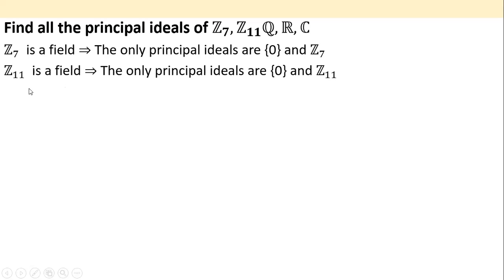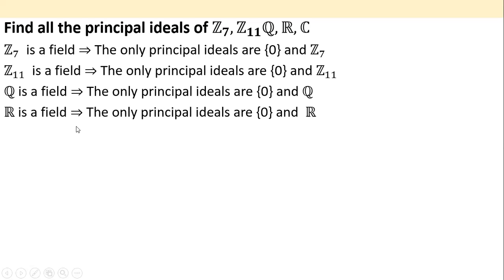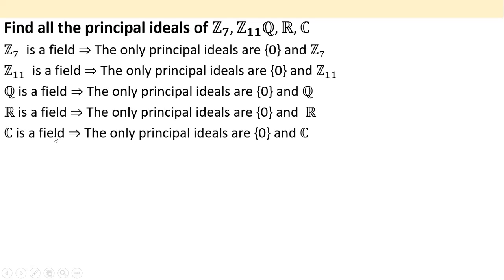Similarly, Z11 is also a field, so the only principal ideals are 0 and Z11. Q is also a field, with only the principal ideals 0 and Q. R is a field, and the only principal ideals are 0 and R. C is a field, and the only principal ideals are 0 and C.